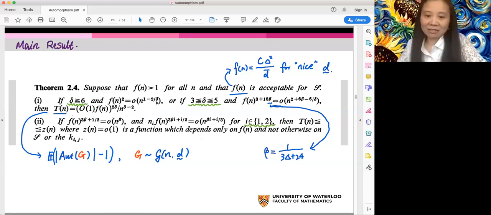Okay, and then under such constraints, they show that Tn is this quantity. What is Tn? Tn is the expected size of the automorphism group of G minus 1. So in other words, it's the expected number of non-trivial automorphisms.